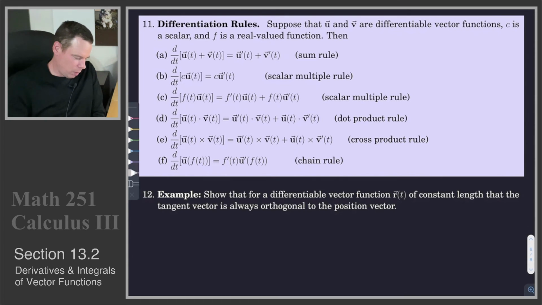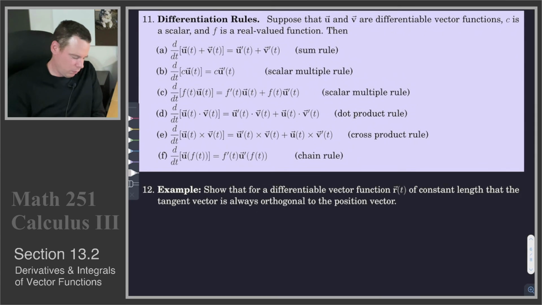So a lot of the properties that we had from Calculus 1 carry forward through to here. If I have the derivative of a vector-valued function where it's u composed with some scalar function f of t, we have a chain rule that says it's the derivative of the outside function evaluated at the inside times the derivative of the inside function.